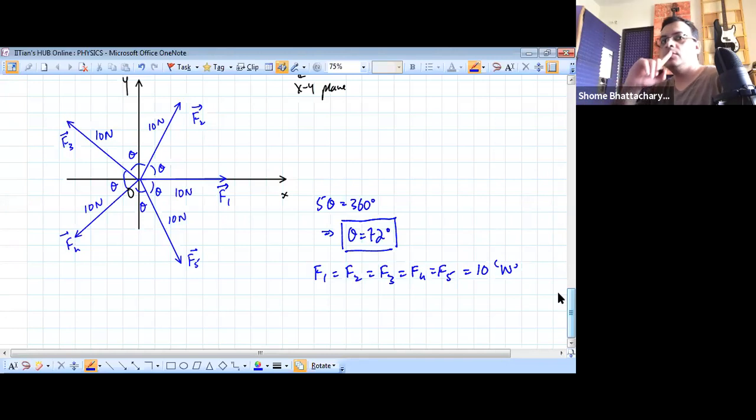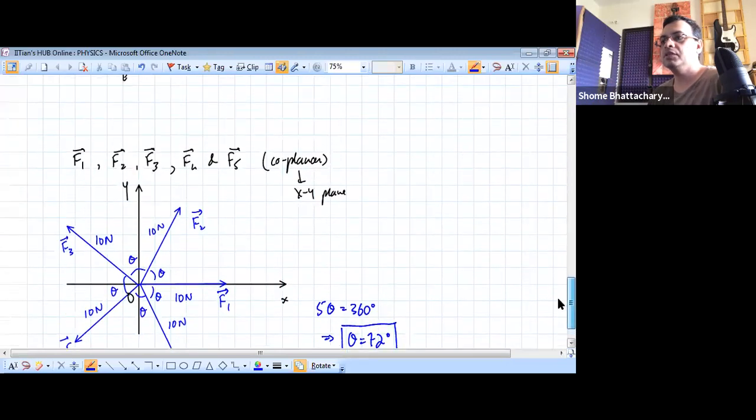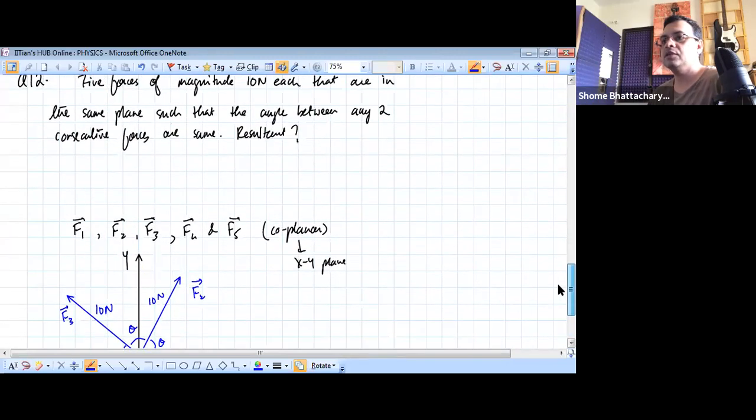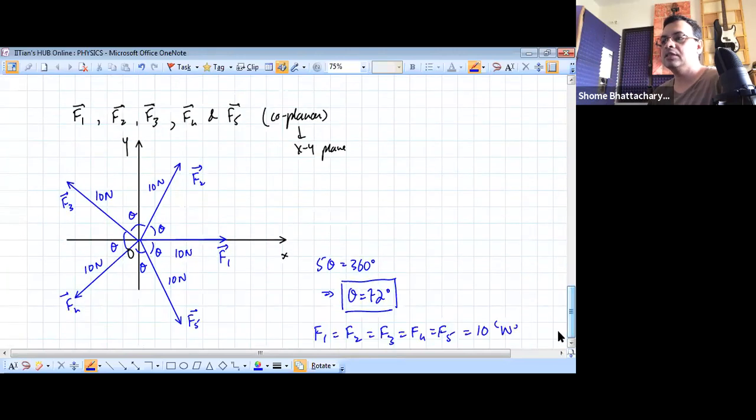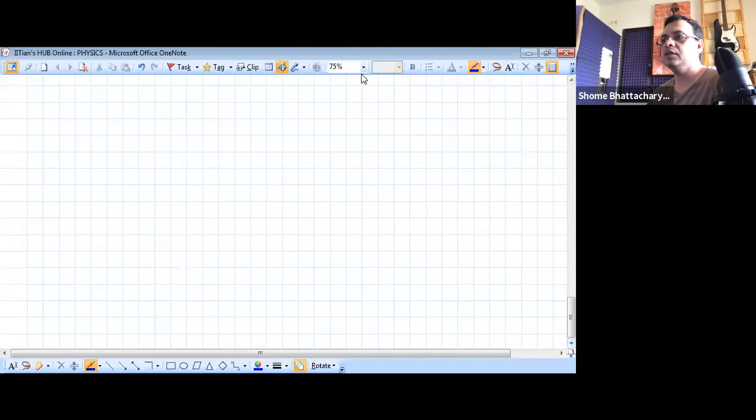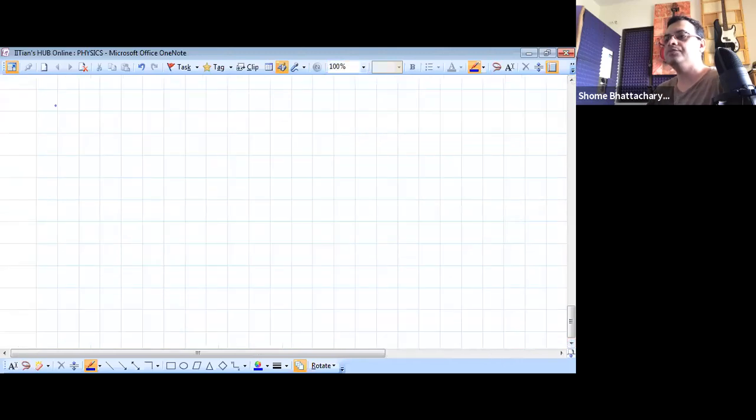You can do that, but one of the difficulties is that 72 is not one of those known angles where we can immediately find cos theta and sin theta. We'll have to look it up in a table, etc. But there is something else about these vectors. They are symmetrical. So since they are symmetrical in this manner, let us try and make use of geometry. So if you want to add them geometrically, let's see what happens then.